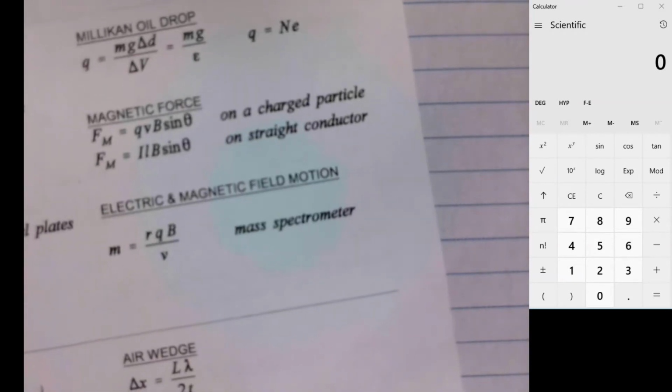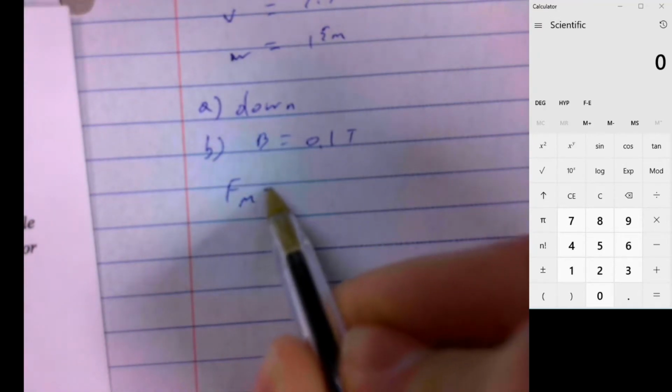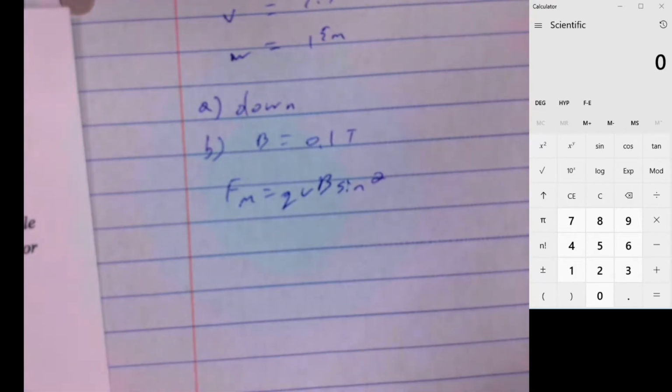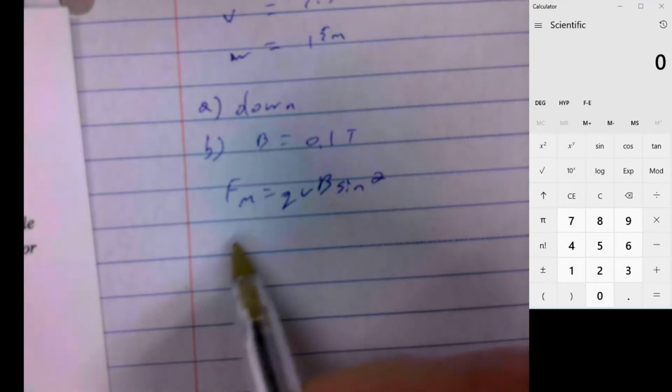If we remember on our formula sheet, FM equals QVB sine theta. So using that formula, FM equals QVB sine of theta.